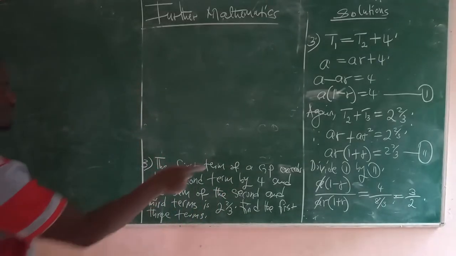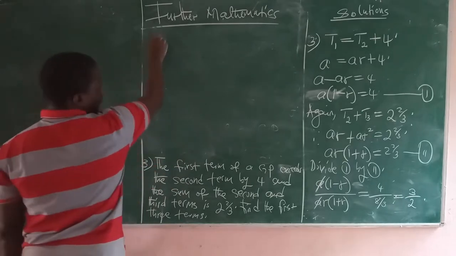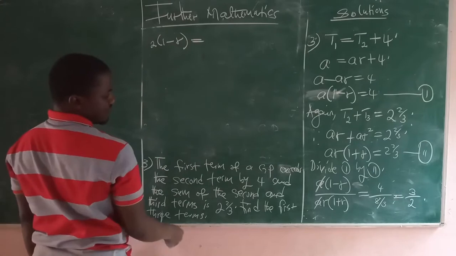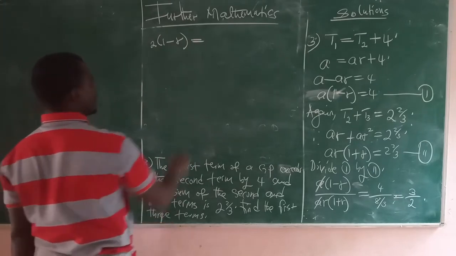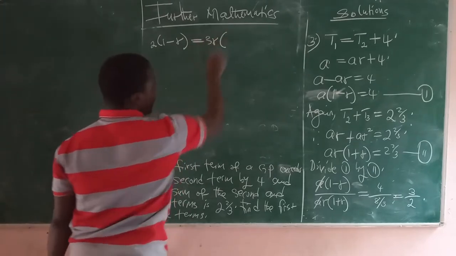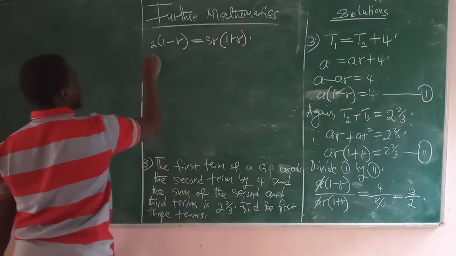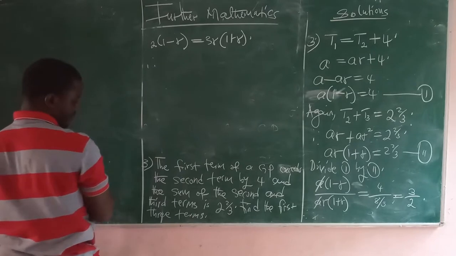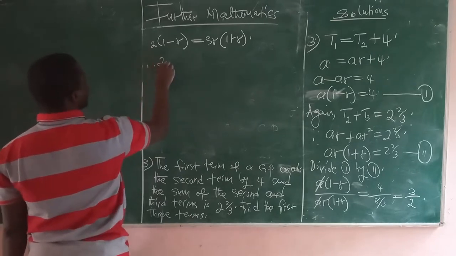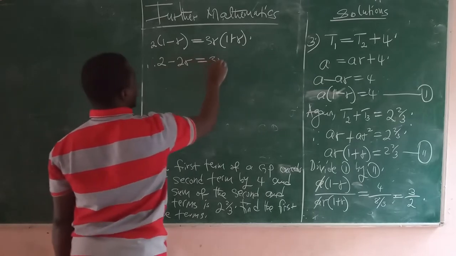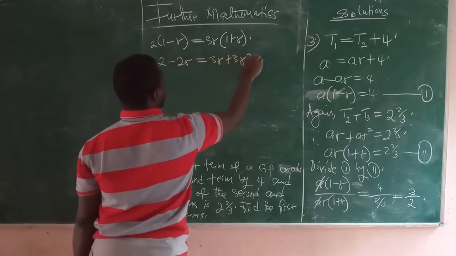So I can cross multiply to have 2 bracket 1 minus R is equal to 3R bracket 1 plus R. So it means that we will have 2 minus 2R is equal to 3R plus 3R squared.